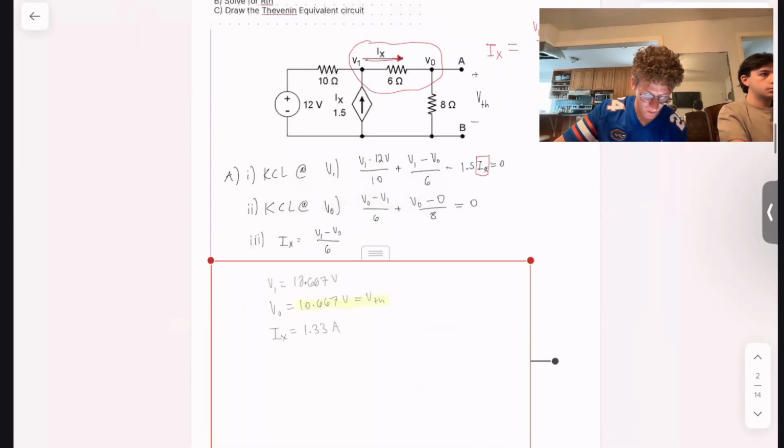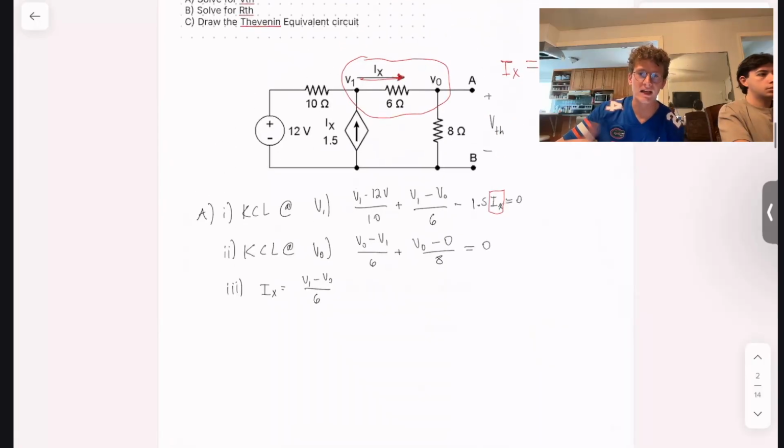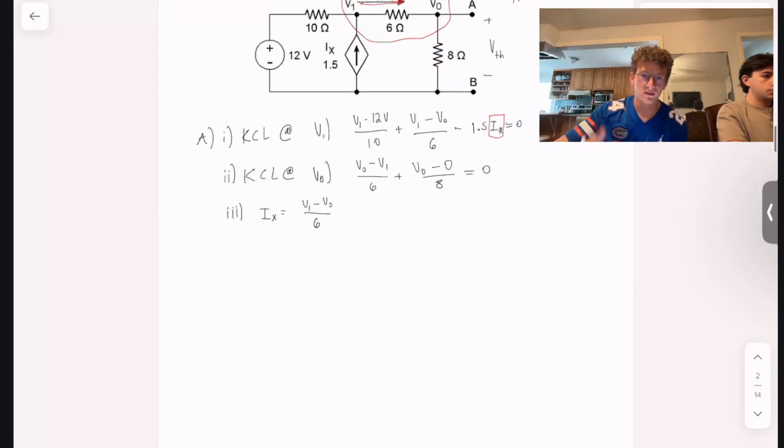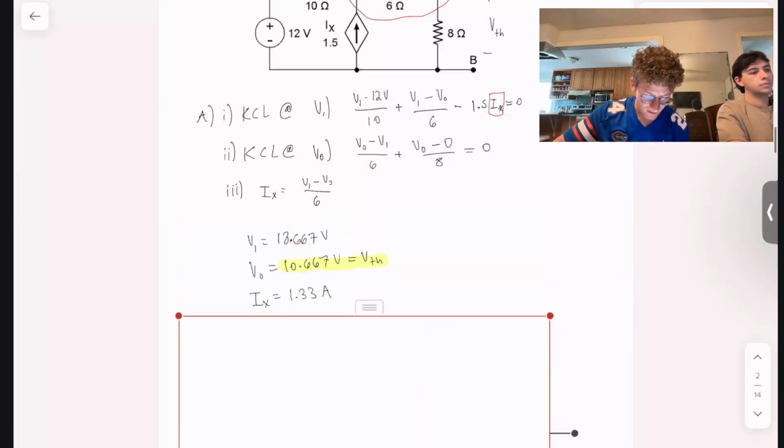That'll be our third equation that we plug into our calculator. Once again, use the linear solve function on your calculator to obtain values for V1, VO, and IX, and you'll get this over here.